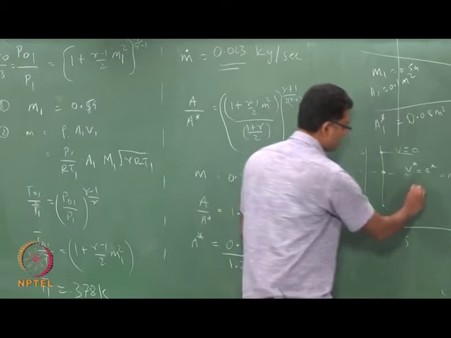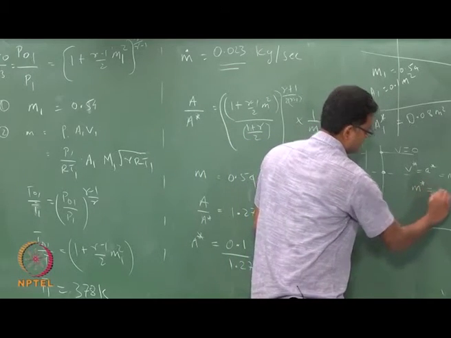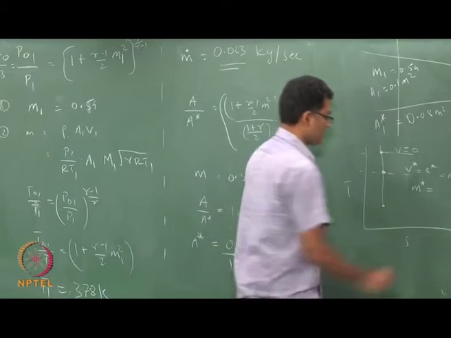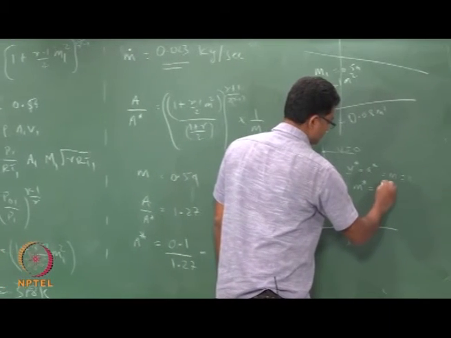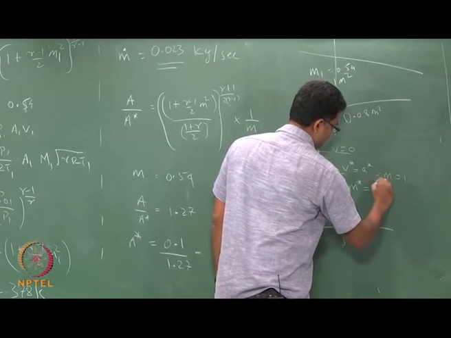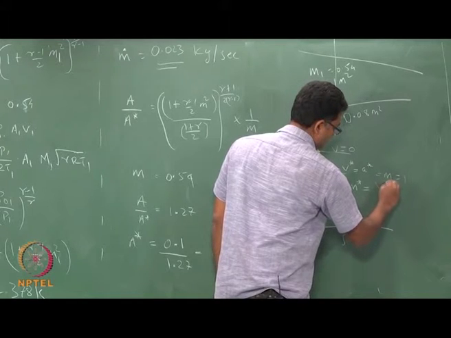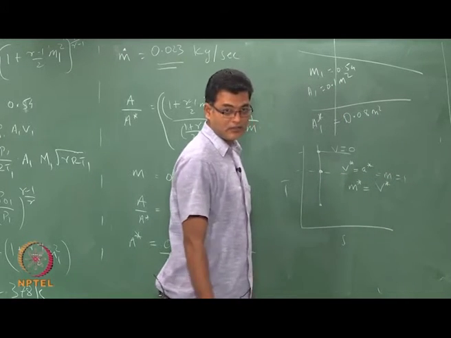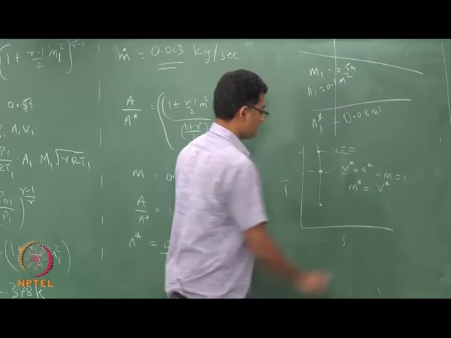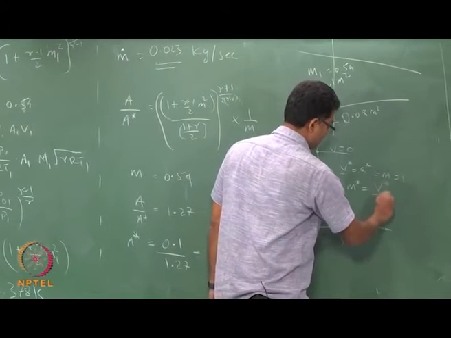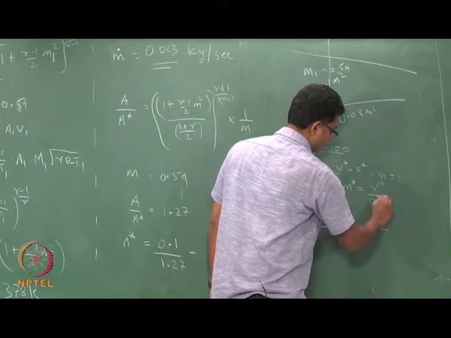So, what is M star? This is velocity by velocity at star, A star.